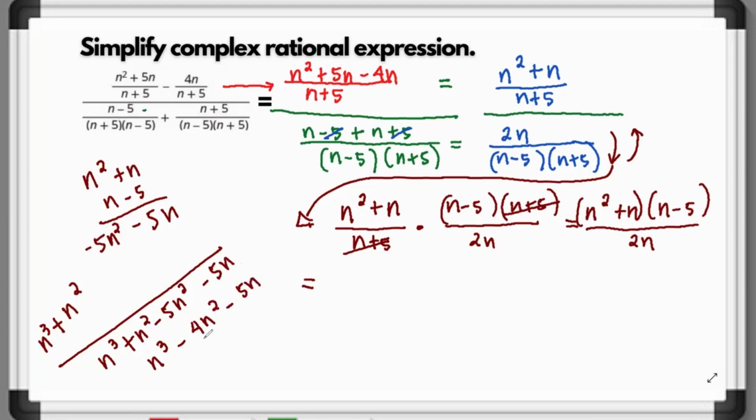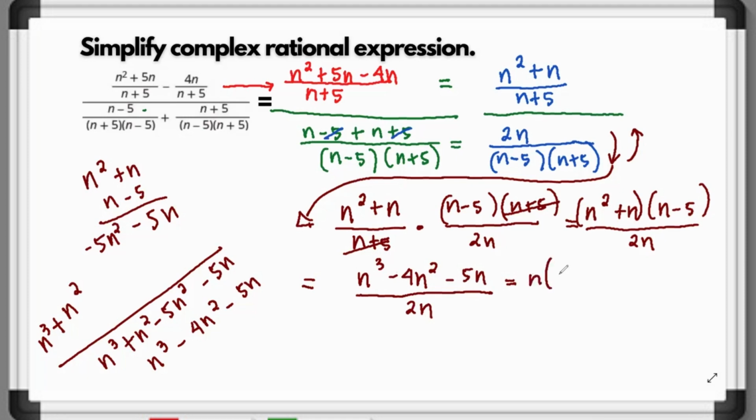Okay, meaning this is now the expanded form. So let me copy. n cubed minus 4n squared minus 5n over 2n. And then, since they have a common factor, which is n, let's factorize this. So the common there is n.